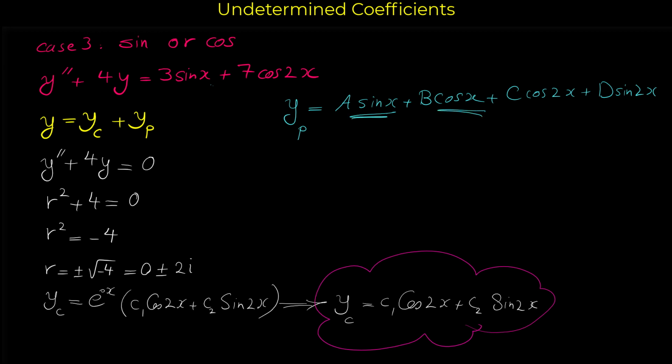Sine of x and cosine of x do not appear here, but cosine of 2x and sine of 2x, we have them here. So these two are duplicated in the complementary solution. And we know that this should not happen. So this is not the correct form for the particular solution.